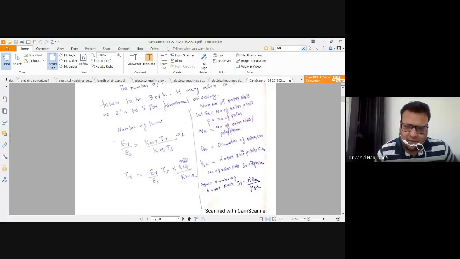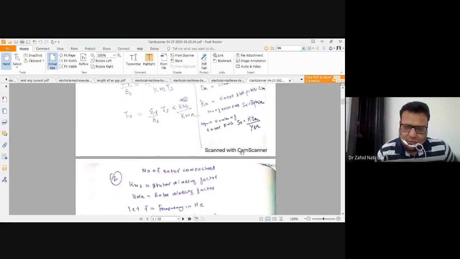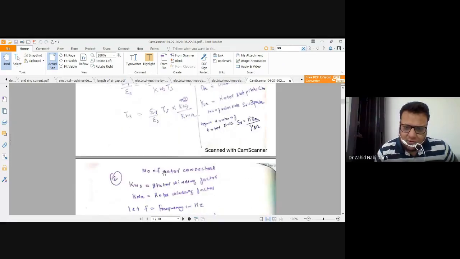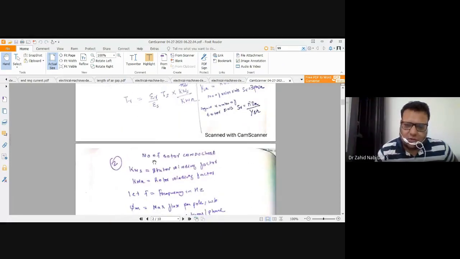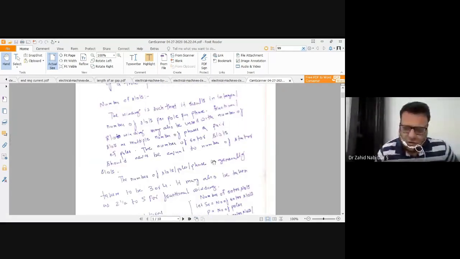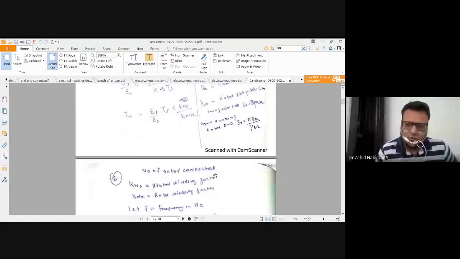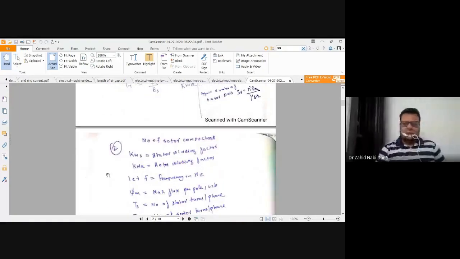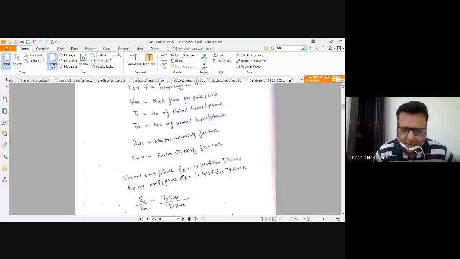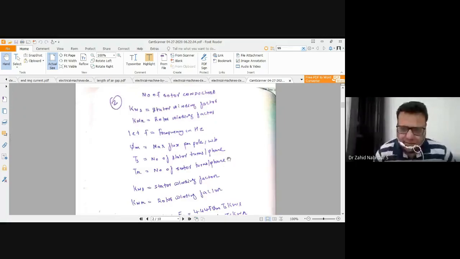Now one more thing: we have to go for the number of turns. The number of rotor conductors, first of all, was with respect to the number of stator slots and rotor slots. Again, you have this formula: stator EMF per phase ES is equal to 4.44 F phi max TS KWS, where KWS is the stator winding factor.